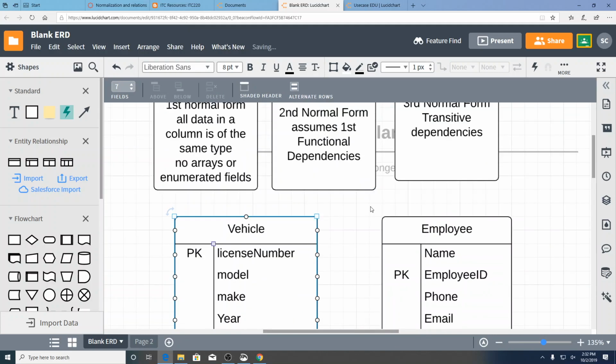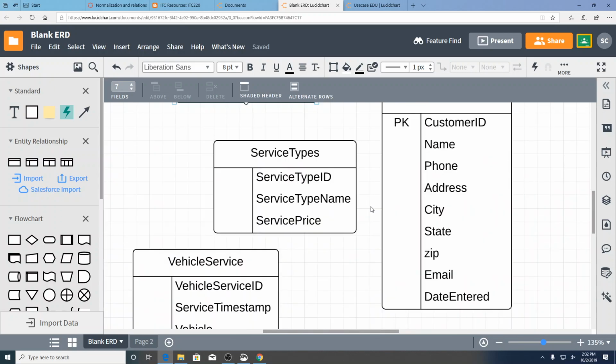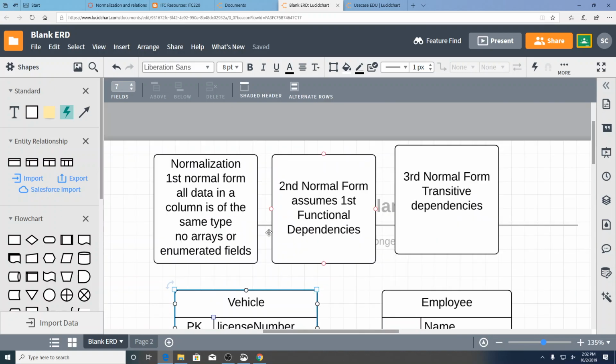All right. But we did pretty good when we did these, that we didn't do a lot of those things. The gist of these is that there should be no listing, no repetition of field names. So there should be no plural things in an entity.